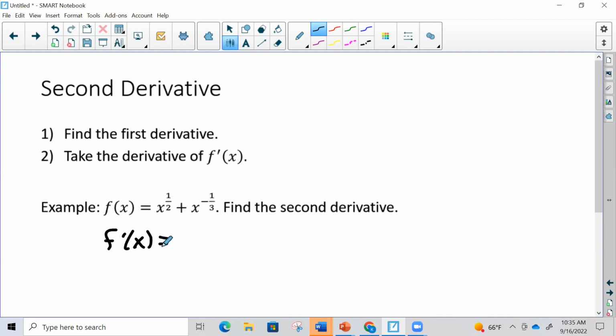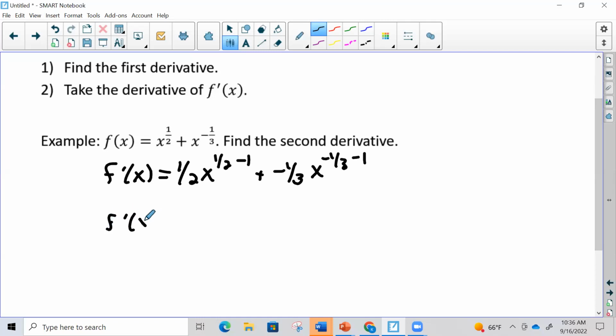But the first derivative we would take using our power rule. So we have 1/2 x, and then again, we subtract 1 from the exponent. And I'll simplify in a minute. And then for that second one, I bring the -1/3 down. I have x, and then I have -1/3 minus 1.